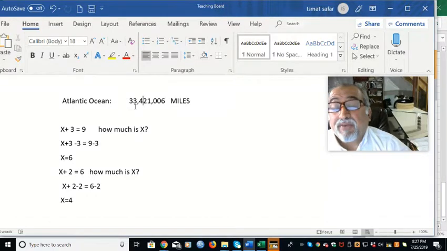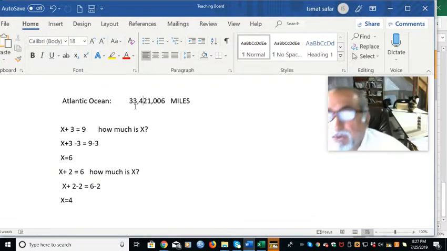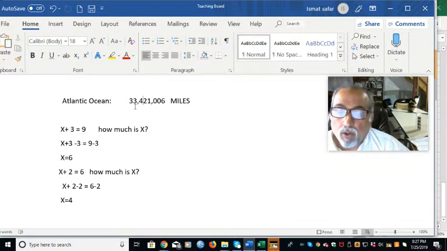By the way, where is the Pacific Ocean? It is on the west coast of the USA. The Atlantic Ocean is on the east coast of the USA.